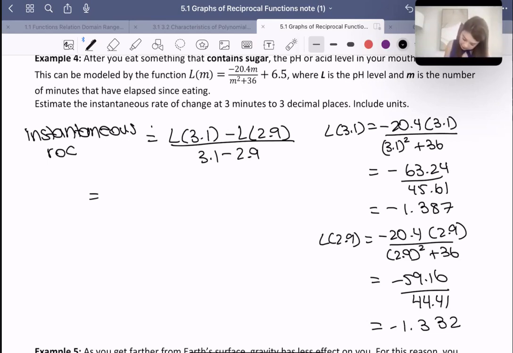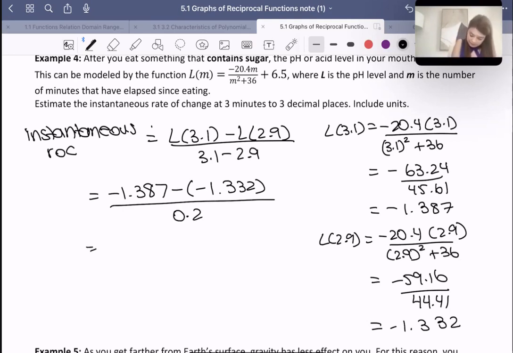Okay, so now you can finally plug some of these values in. So we're going to get negative 1.387 minus negative 1.332 over 0.2. Okay, so that's going to be negative 1.387 divided by 0.2, and that's going to be 0.274.